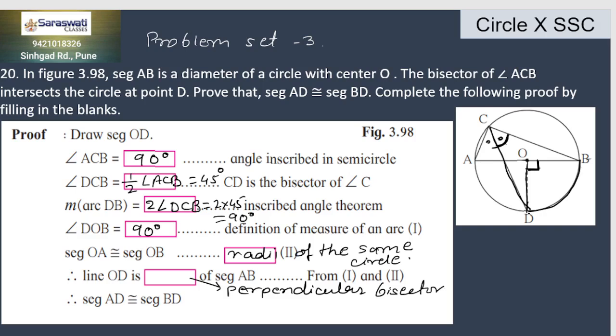So D is a point on the perpendicular bisector, and hence it is equidistant from A and B, and therefore segment AD is congruent to segment BD.